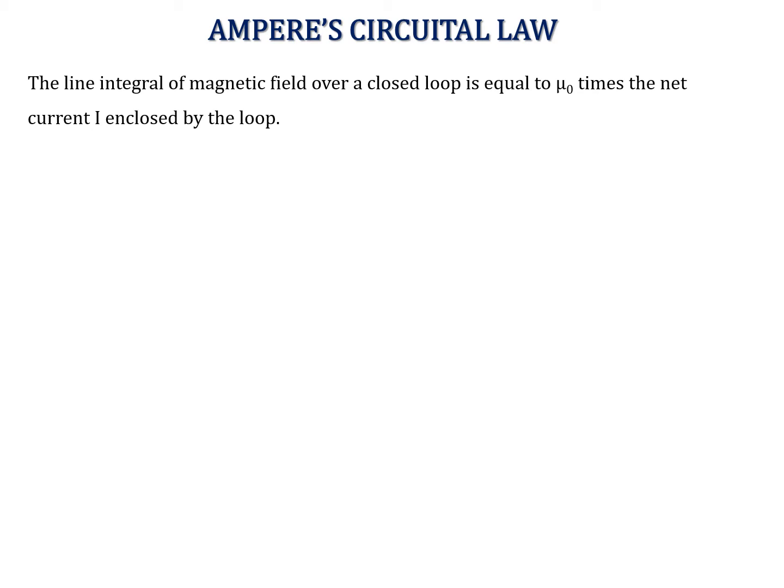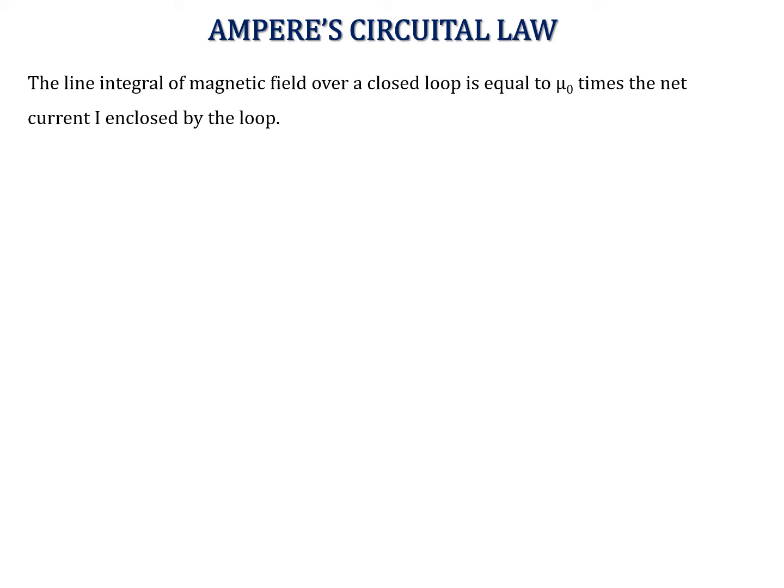That means to find the magnetic field, we have to choose a closed loop enclosing the current carrying conductor, and the total magnetic field over this loop will be mu naught times the net current I enclosed by the loop.